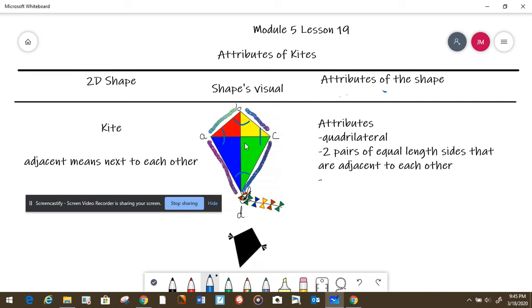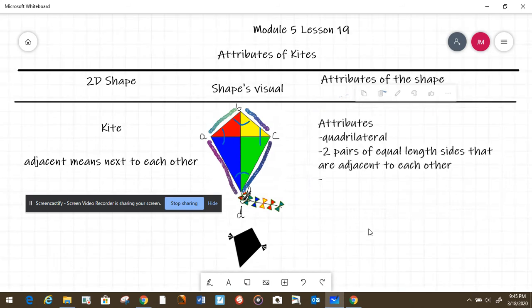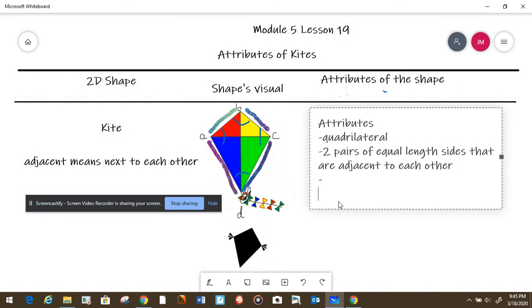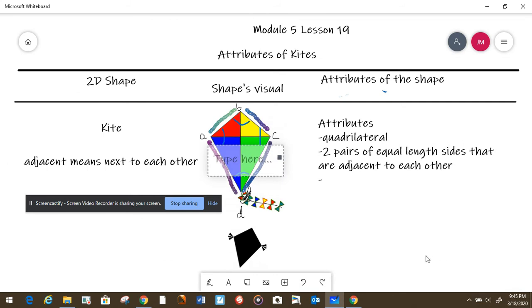Classifications. Can a kite be a square? No, I don't think so. Can a square be a kite? Yes. Okay, so let's write a couple of conclusions here. So these are our conclusions, my friends.